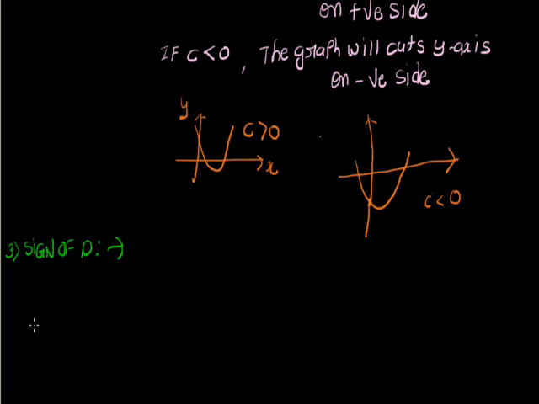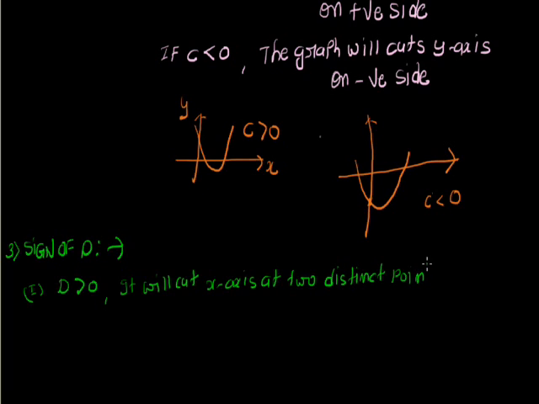In the first case, if d is greater than 0, then the graph of the quadratic polynomial will cut the x-axis at two distinct points.